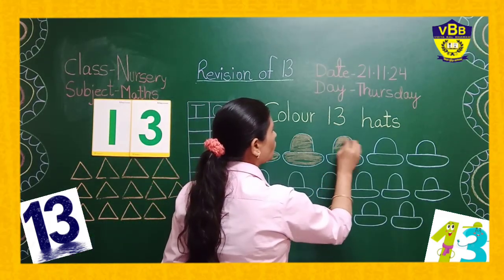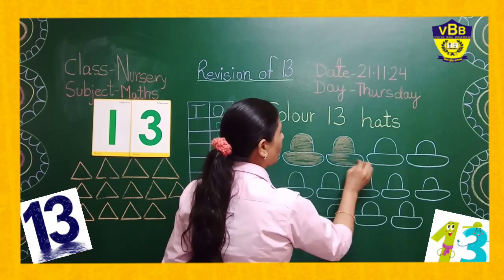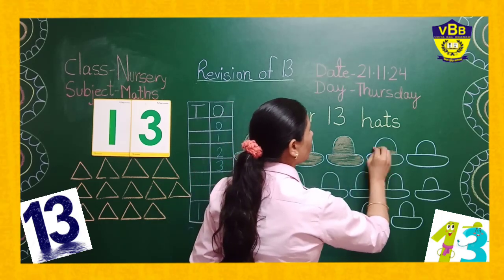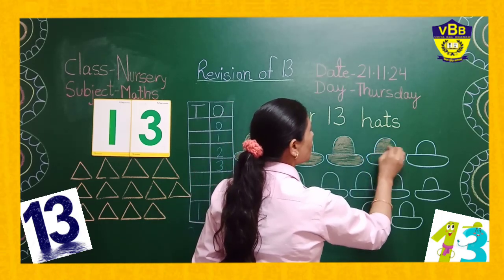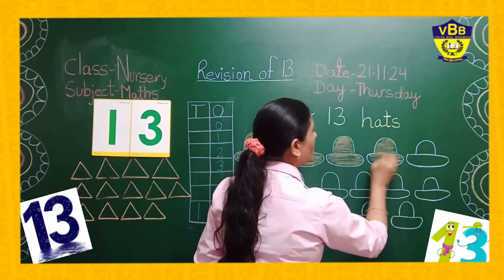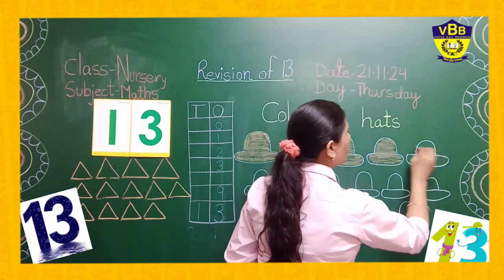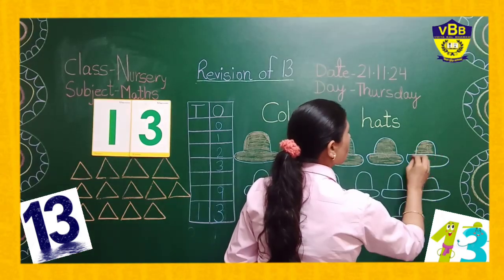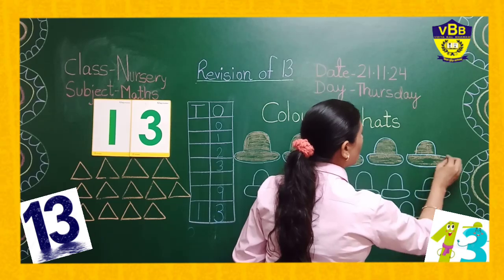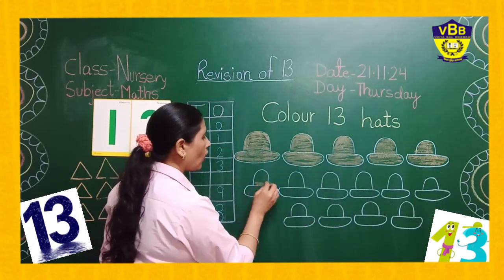The color should be inside the black boundary, and you have to color only 13 hats, because we learned about the number 13. Yes, my little tiny toes.